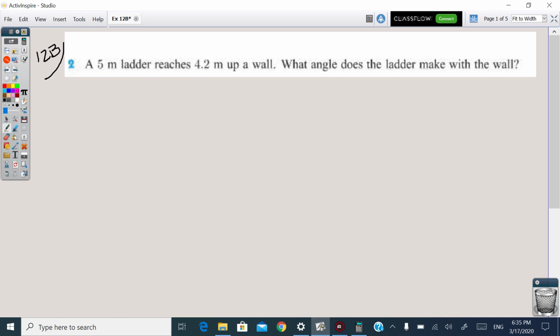In this question, we see that a 5-meter ladder reaches 4.2 meters up a wall. To think about this, we can sketch. There is a horizontal ground, and here is the wall. Obviously, the wall makes a right angle with the floor. The ladder usually leans against the wall in this way.